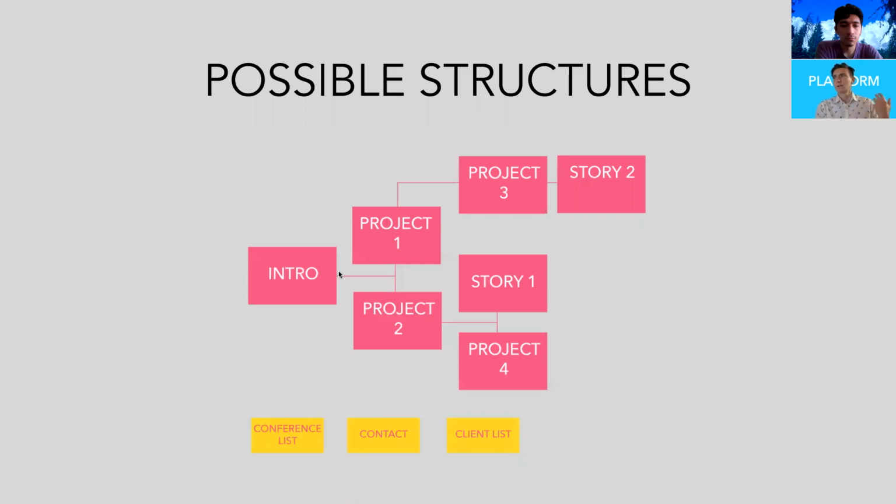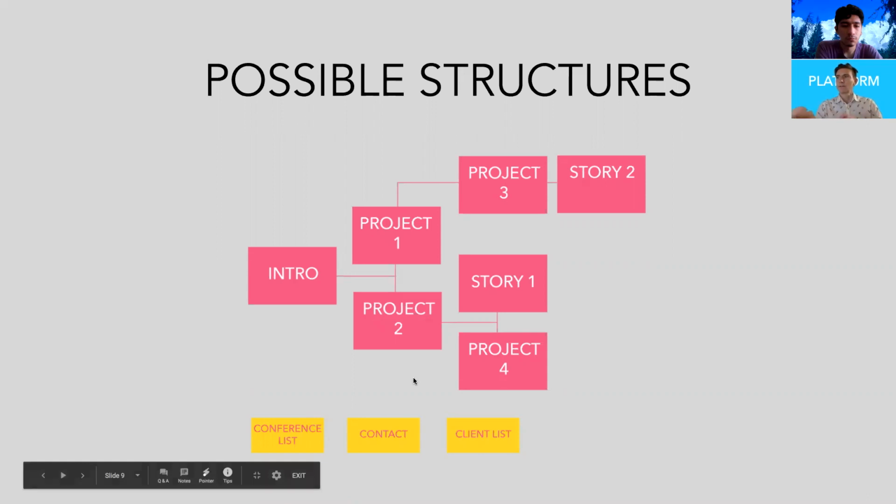So you're thinking about different potential storylines essentially for users to take. They still have the ability to navigate things and jump around, but you're also giving them some pathways.